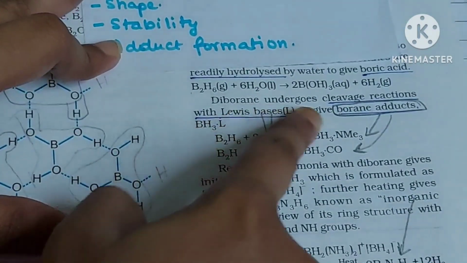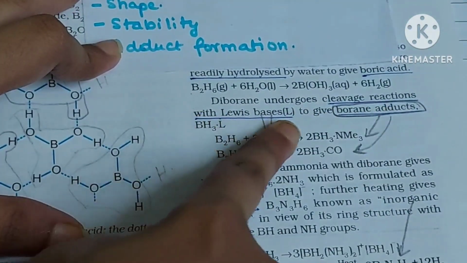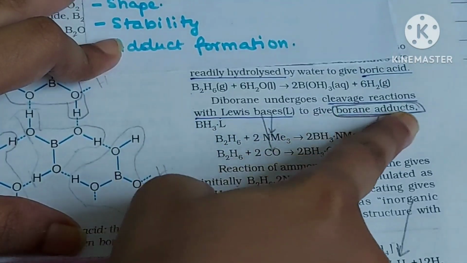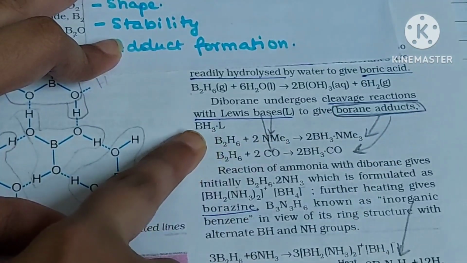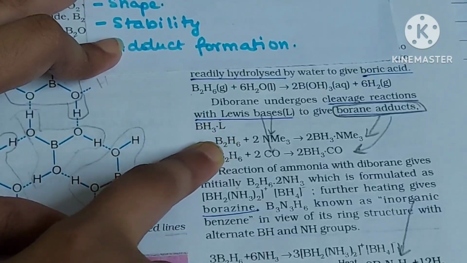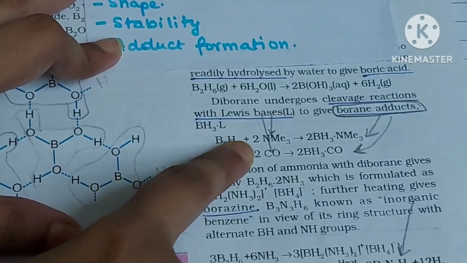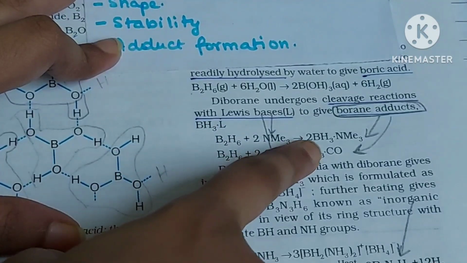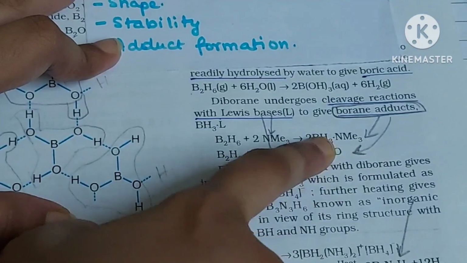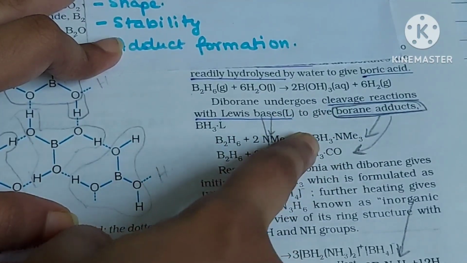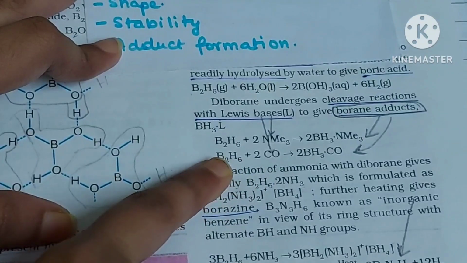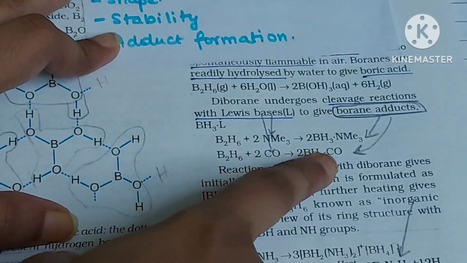See here, diborane undergoes cleavage reactions with Lewis bases to give borane adducts, BH3.L. B2H6 plus NMe3 gives BH3.NMe3. Here N donates its lone pair to boron. And B2H6 plus CO gives BH3.CO.